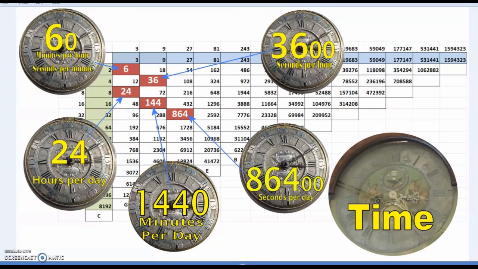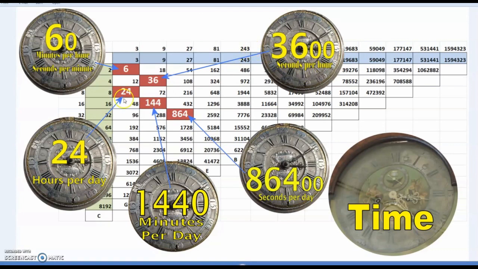Another way to think about these harmonic numbers is time. For instance, there are 24 hours per day, and orders of magnitude, so 36 is not 3,600, but orders of magnitude are like the tens, the hundreds, and the thousands.